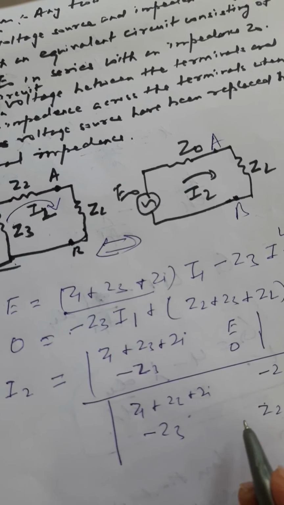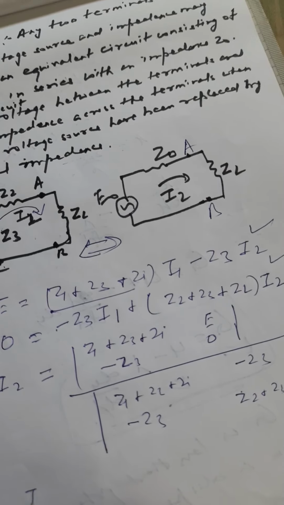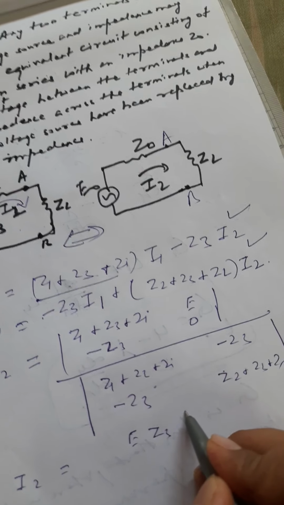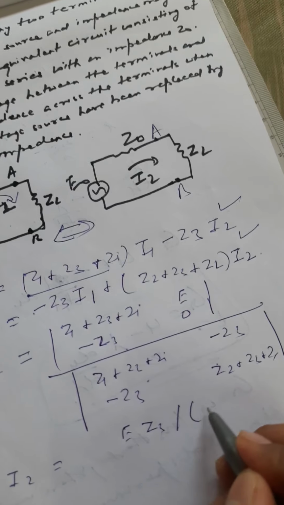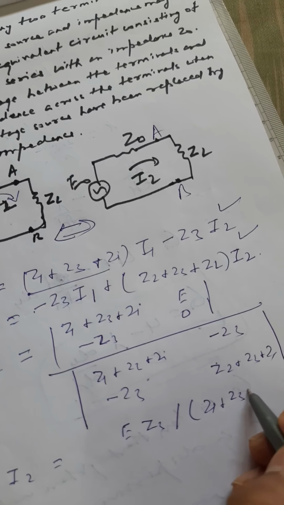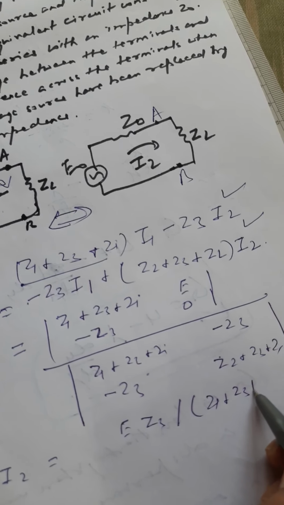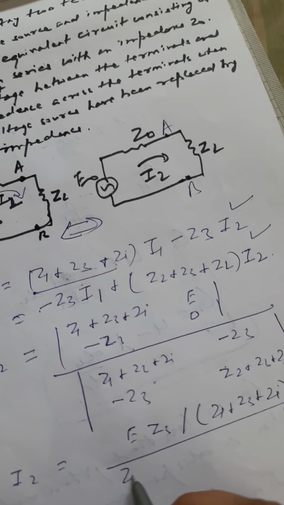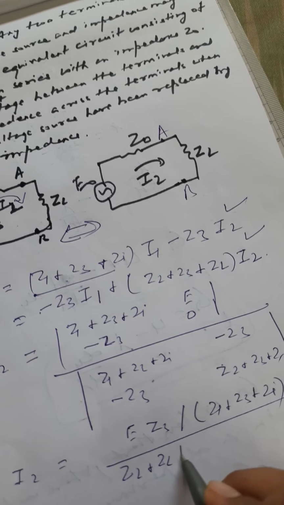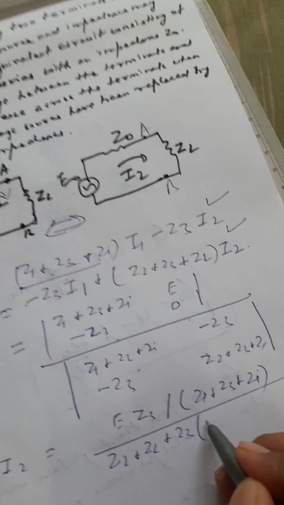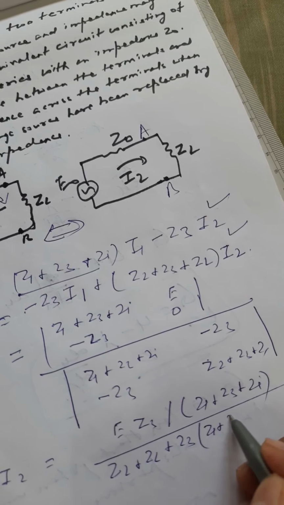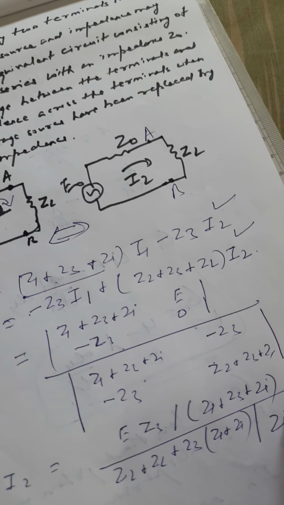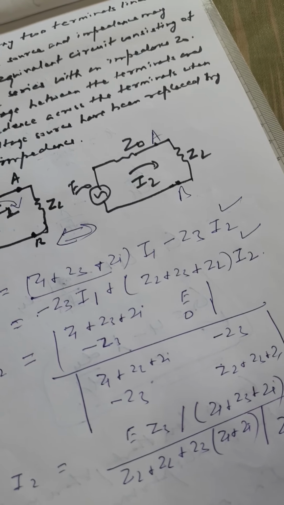So we'll get the value of I2, and it can be written like this, modifying it: E Z3 divided by (Z1 plus Z3 plus Zi) whole, divided by Z2 plus ZL plus Z3 into (Z1 plus Zi) whole divided by (Z1 plus Z3 plus Zi).